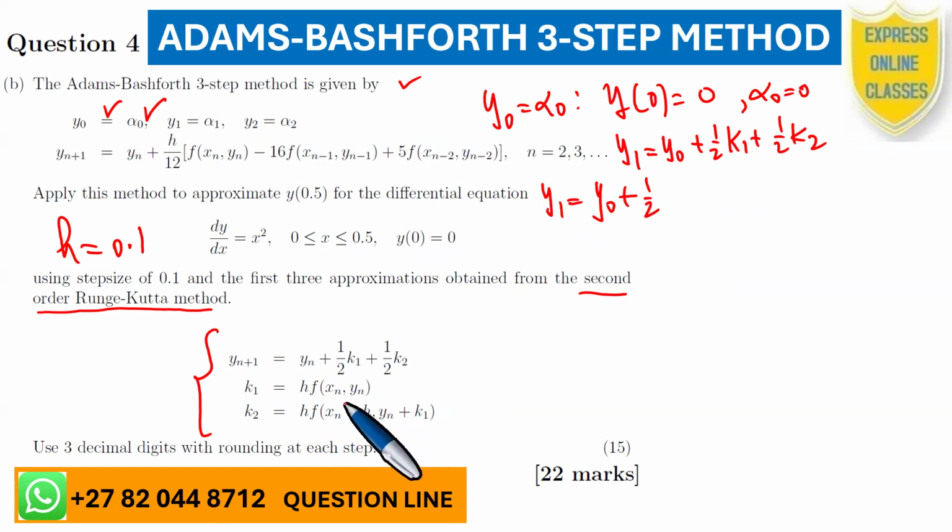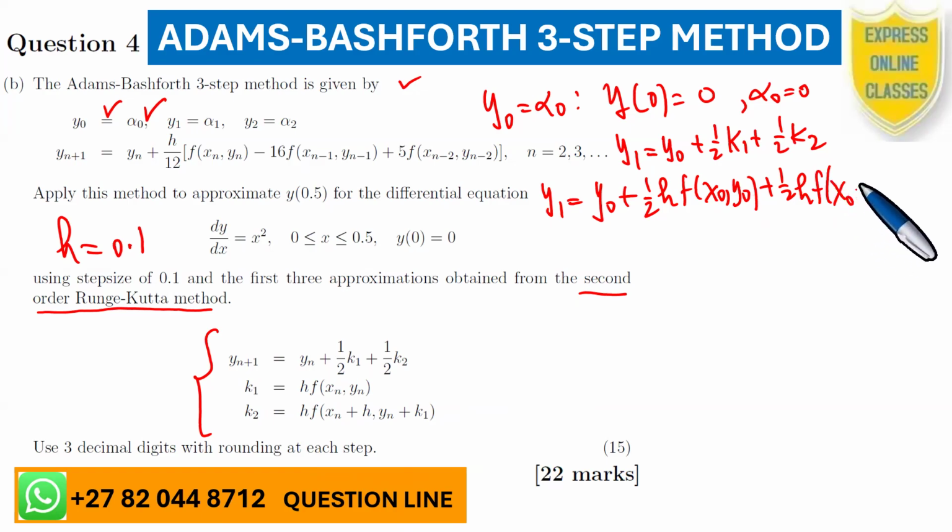So what is k1? k1 is h times f of x0, y0. And k2 is h times f of x0 plus h, y0 plus h.